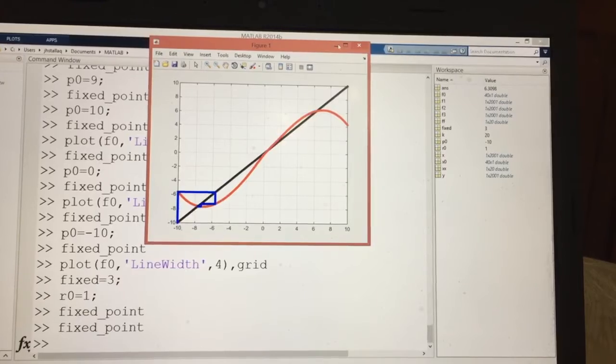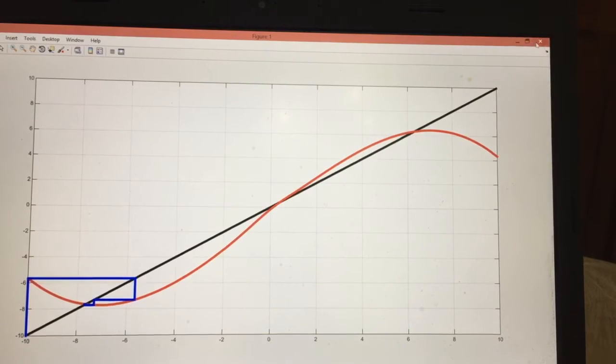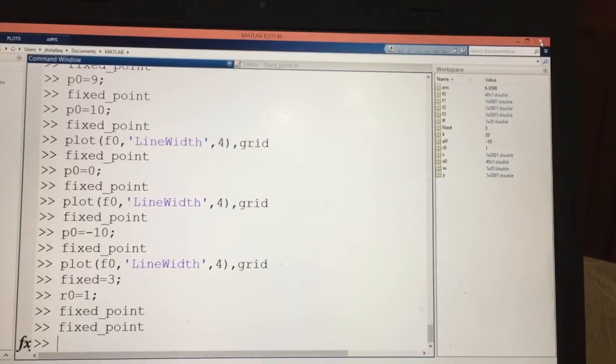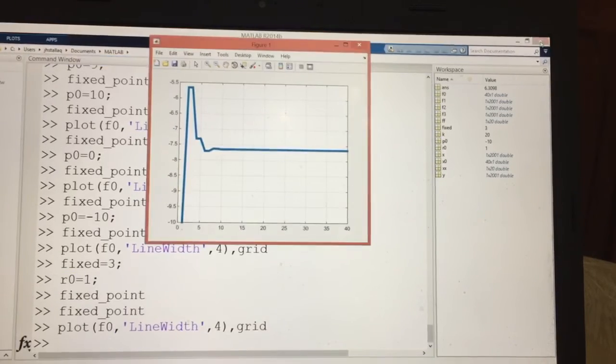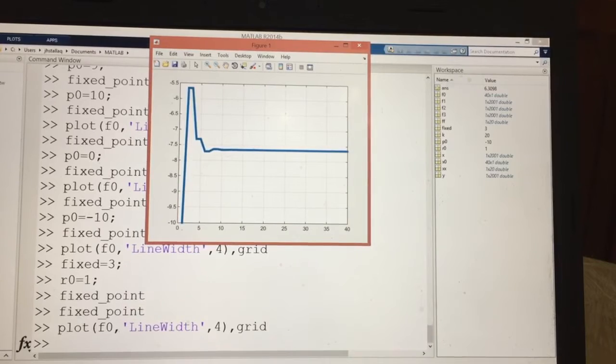Let's go back to our program. We were able to find a solution, so let's look at the iterations, the plot. We started at -10. It jumps to negative and then back, and keeps going. It's stable now. It's -7 point something.